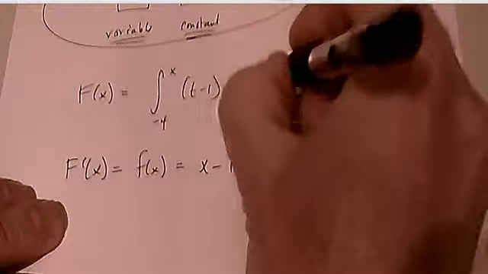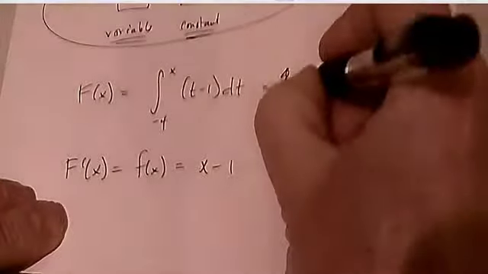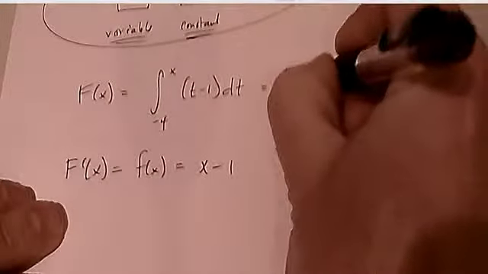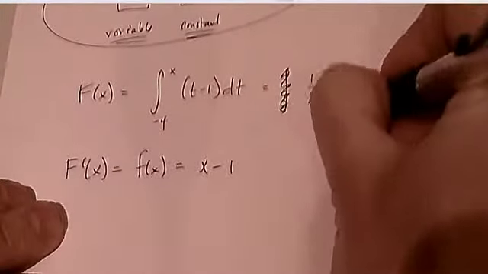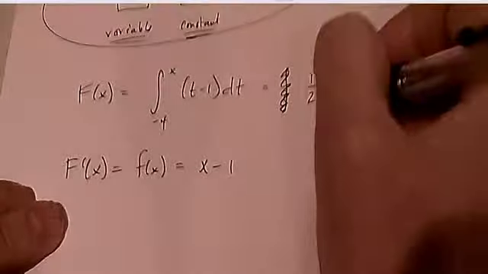Now, could you do it the long way? Could you do the integration and make this 1/2 t squared minus t from negative 4 to x? Yes, you could, and then plug it in, get the expression, and then take the derivative. But guess what? You're going to wind up right back here at x minus 1.